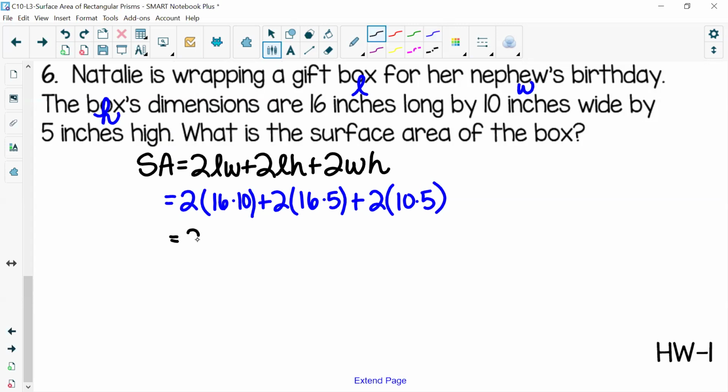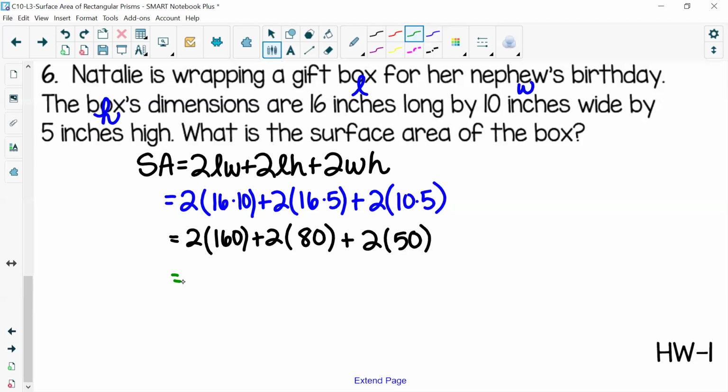Okay, so now we have 2 times 16 times 10 is 160 plus 2 times 16 times 5 is 80 plus 2 times 10 times 5 is 50. So 160 times 2 is 320. And 2 times 80 is 160.